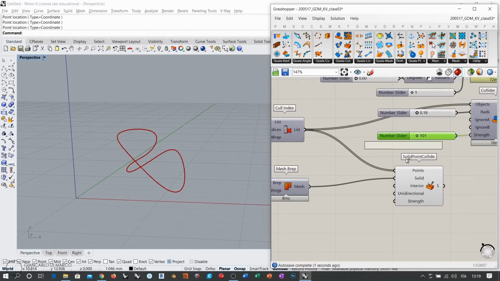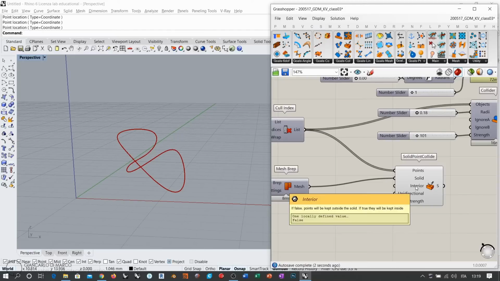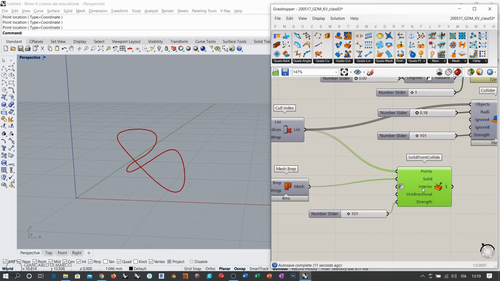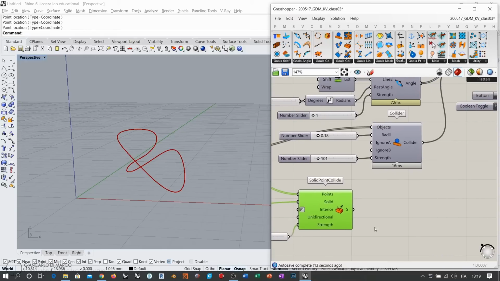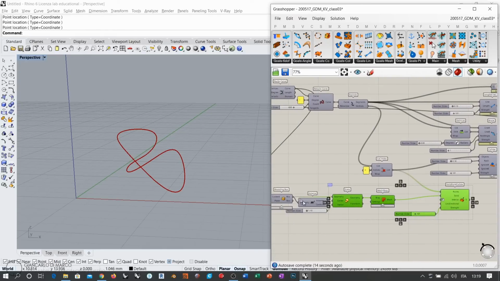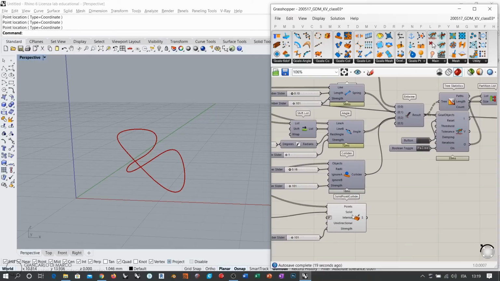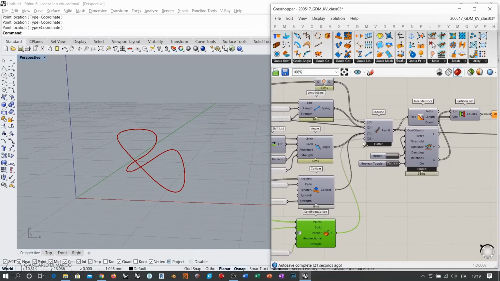I also want this collision to be quite strong, and interior must be set to true because I want to keep all the points inside this solid. So I will invert interior. This is going to be my collision goal this time. Let's plug it in the collision input, and let's run the simulation.